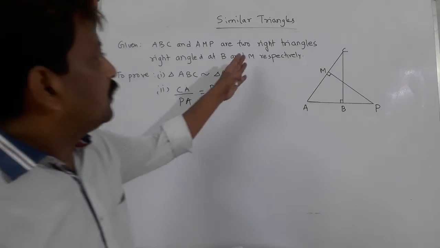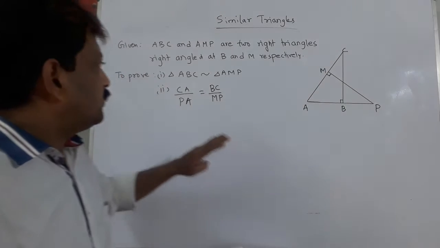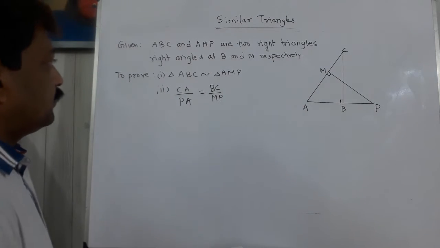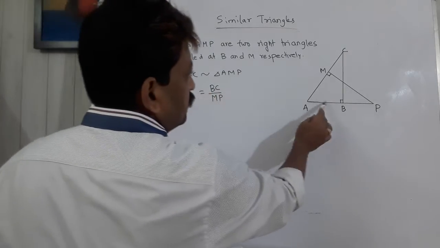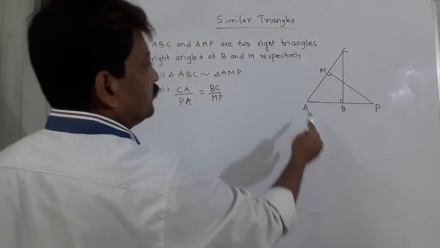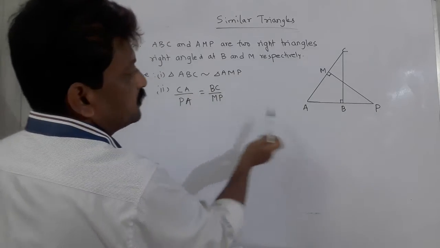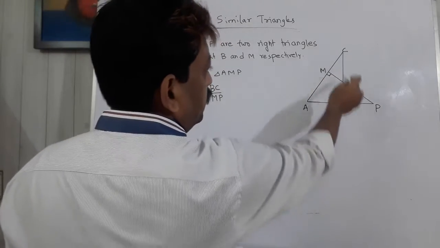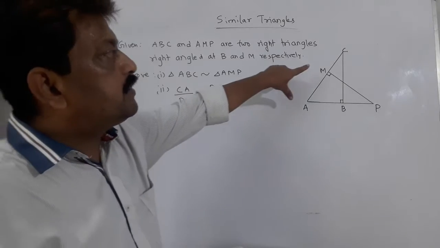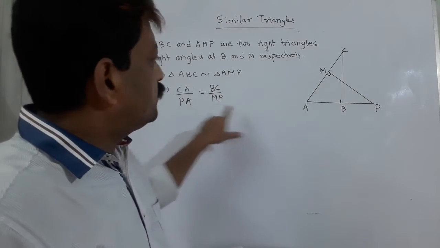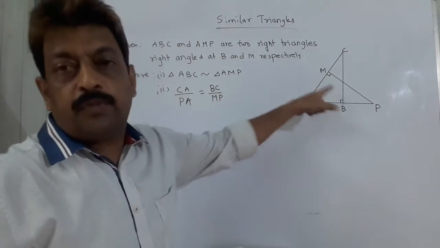Just go through the given part, the diagram part and the proof part, what we have to prove. There are two triangles to be proved similar, ABC and AMP, and CA upon PA. In triangle ABC, CA is the hypotenuse, the longest side, and PA is also the hypotenuse of triangle AMP.